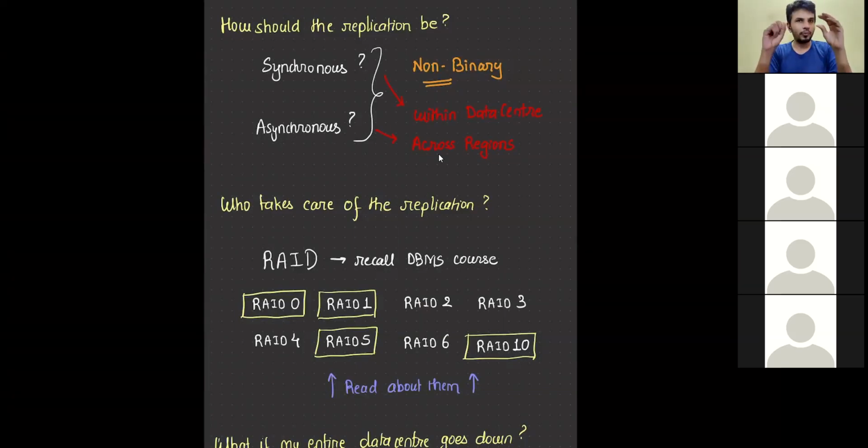Whenever a write happens, they do one synchronous write within that rack, right? So within the data center, once the write comes to the storage node, it would make another write into a parallel rack.